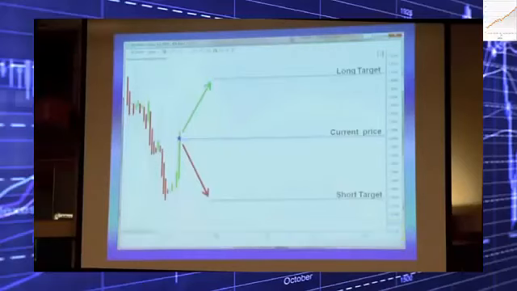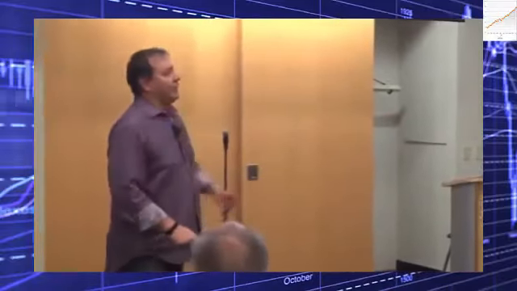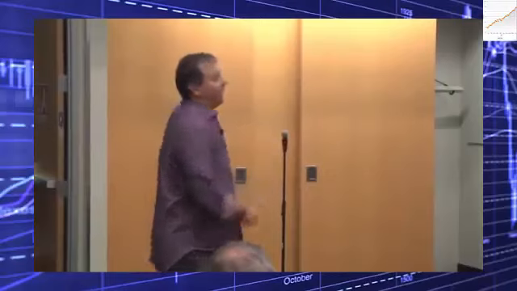Now, I will argue with you that no matter what this price is, sooner or later, I don't know when, and I don't know which one will come first, but I know in time the price will be either here or there. Right?